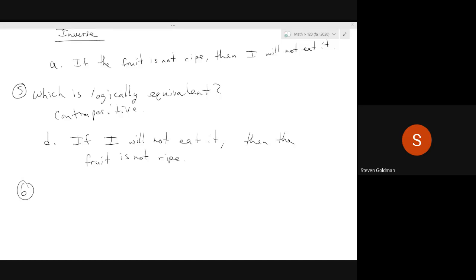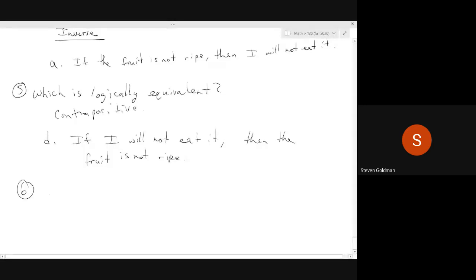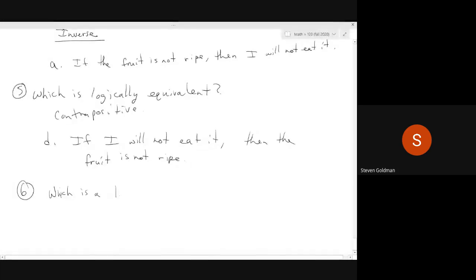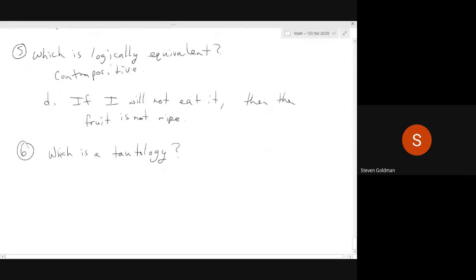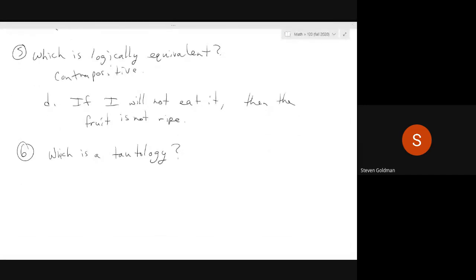Let's move on to question 6. Which of the following is a tautology? We were given 4 choices here. If you weren't sure which was or was not a tautology, you could do a truth table. Remember, a tautology is a compound proposition that is always true no matter the values of the propositional variables.